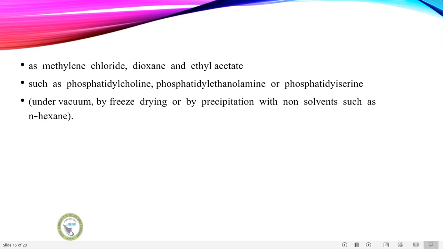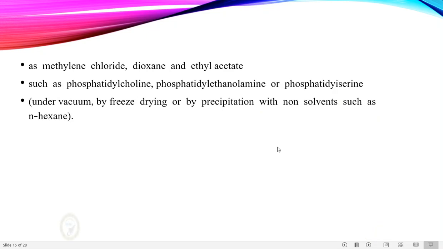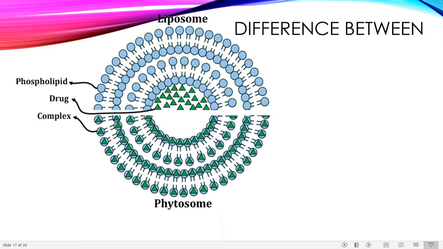Once the complex is formed between lipids and extract, it is isolated by removing the solvent. The solvent can be removed by vacuum, by freeze drying, or by precipitation with a non-solvent like n-hexane. We can add n-hexane or these aliphatic hydrocarbons, and there will be precipitation of the phytosomes. So this is the simple method of preparation.